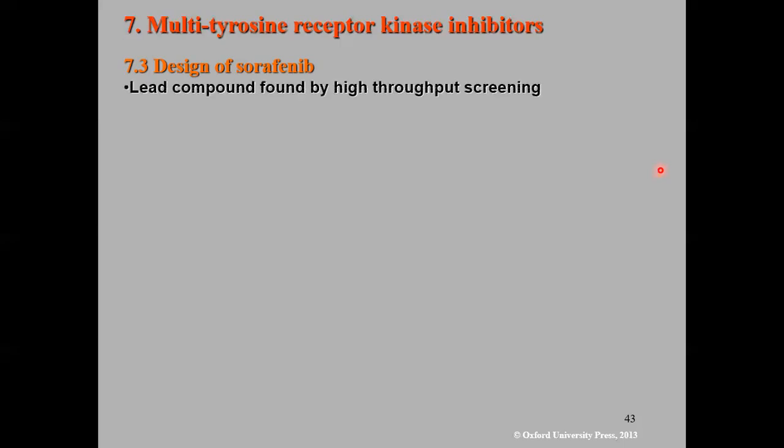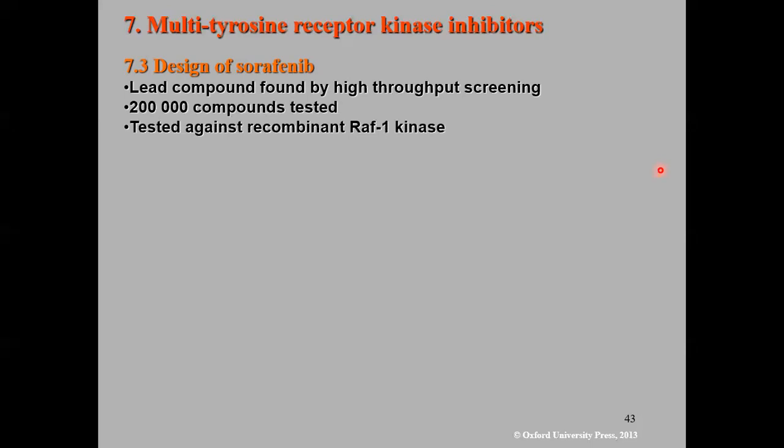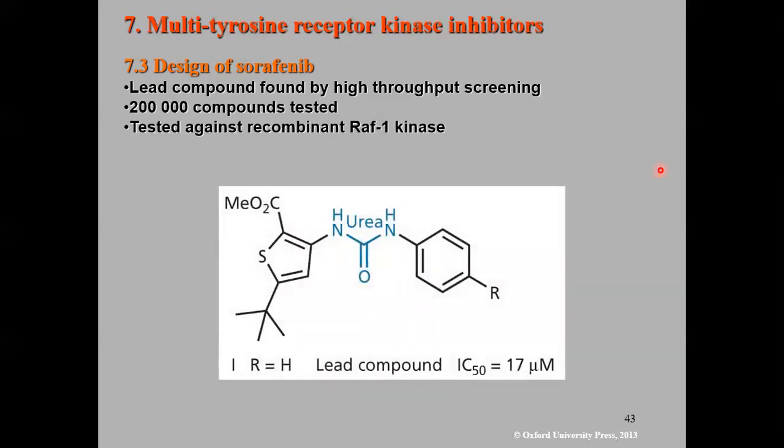Okay, so lead compound found by high throughput screening, approximately 200,000 compounds were tested. Okay, they tested against recombinant RAF1 kinase. Sometimes they call it CRAF. Okay, this is the lead compound for sorafenib.